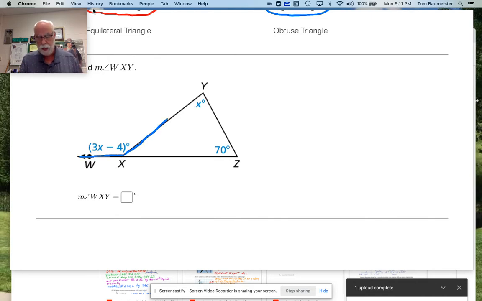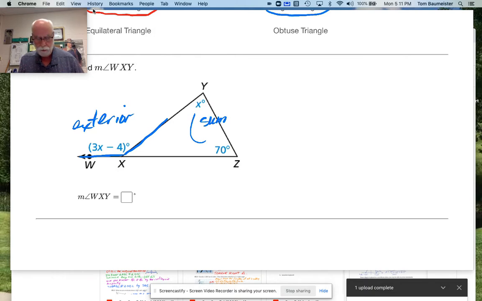All right. Now remember, this here is an exterior angle, and it is equal to the sum of these two. So those are the remote interior angles. That's how I remember them. I can't remember what your book calls them.